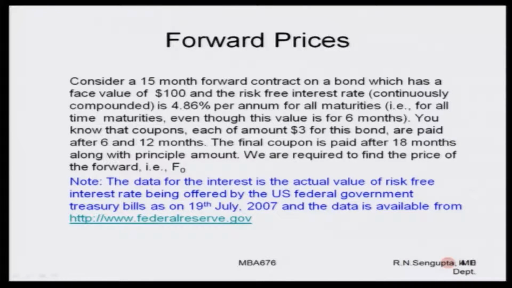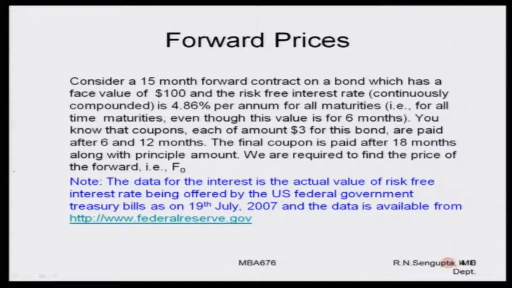The coupons, that is the small amounts you are going to get back, are just $3 each for this bond, paid after 6 months and after 12 months. The final coupon payment is made after 18 months, which is 12 plus 6, 1.5 years from now.